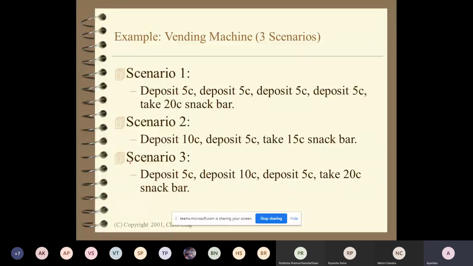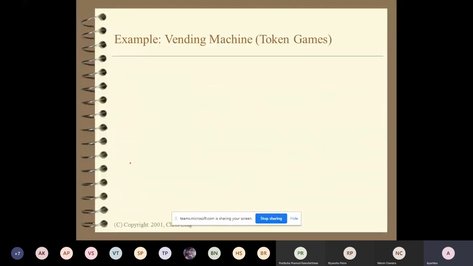You may have 5 rupee options, 10 rupee options, 20 rupee options. Based on that, you have to consider all your additive relations, and based on all possible events, you consider your different paths in your Petri net.